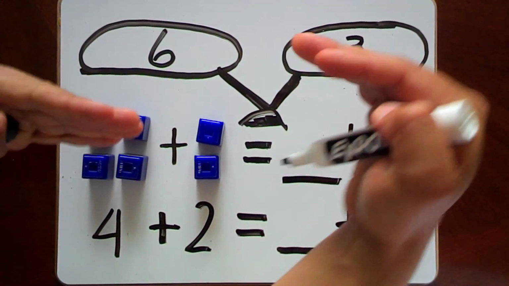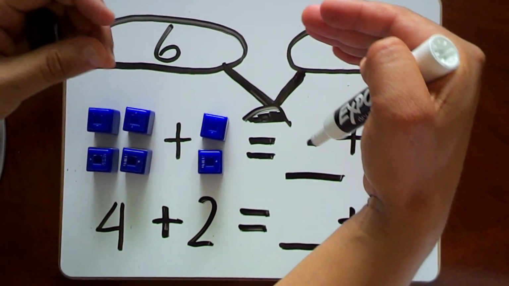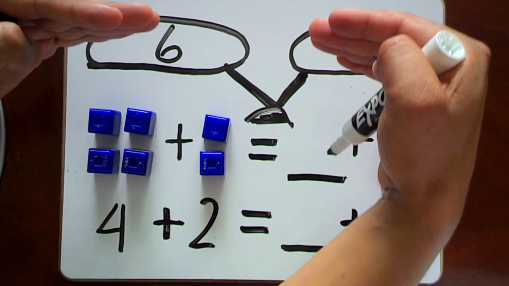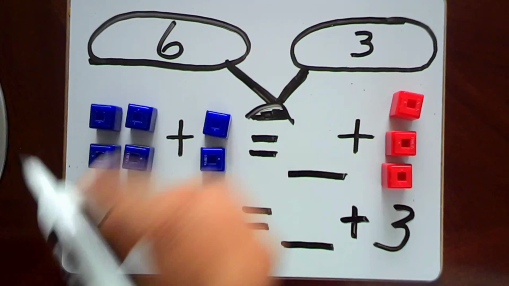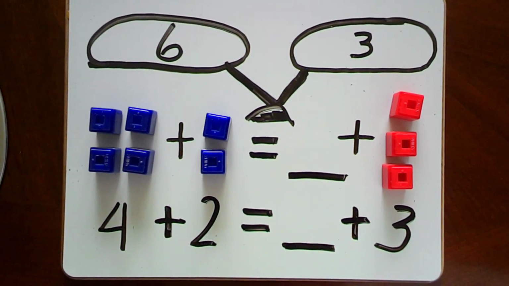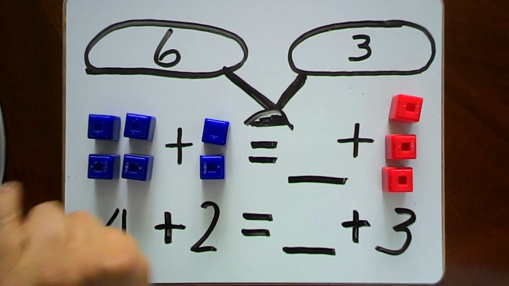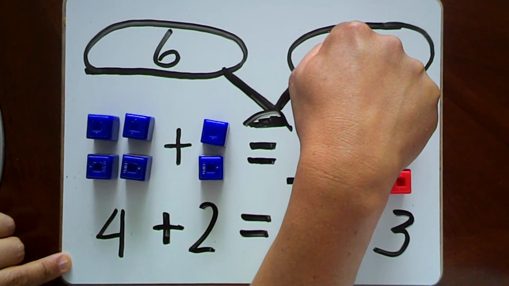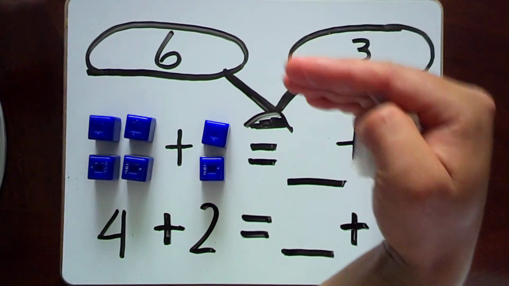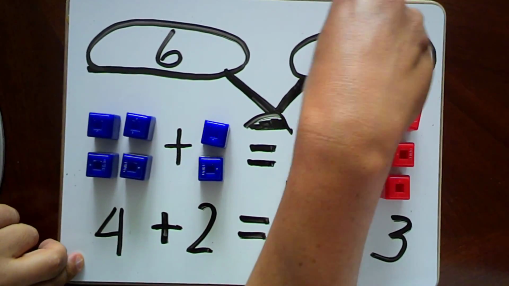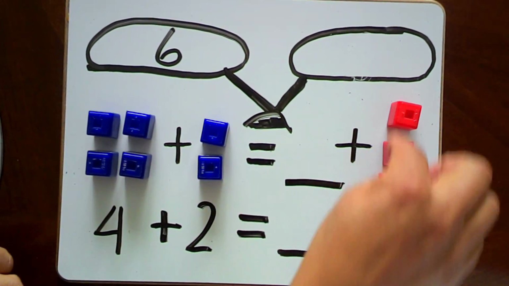Is it gonna look even, or is one side gonna look higher than the other one? Okay, so knowing what we know about balance scales, how many cubes do I need to have on this side so that both sides are even, are equal? Right now I only have 3.